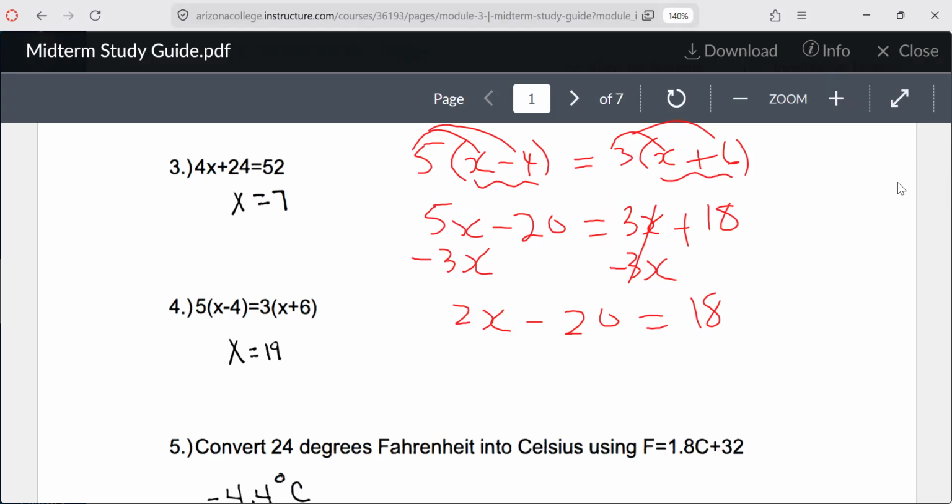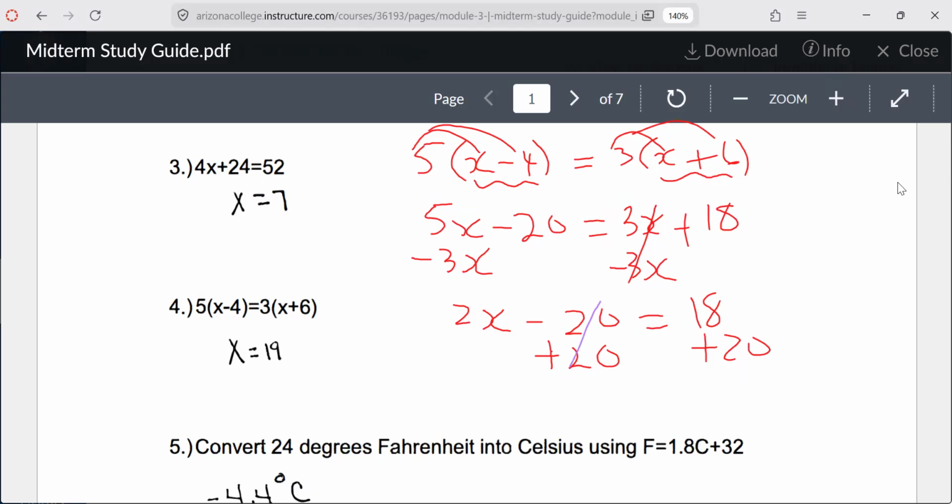Now I'm still trying to solve for x. I've got 2x minus 20 equals 18. The 20 has to go away, so I add 20 on both sides. This will go to 0 because negative 20 plus 20 is 0.